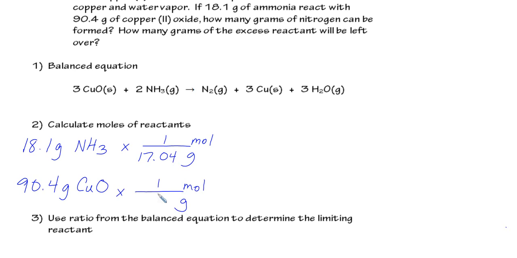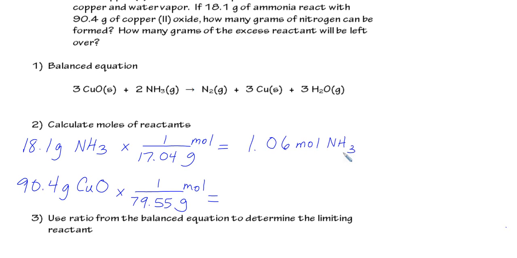Copper plus oxygen, 79.55. Plug these in my calculator. Maybe we'll leave 3 sig figs. 18.1 divided by 17.04 is 1.06 moles of ammonia.